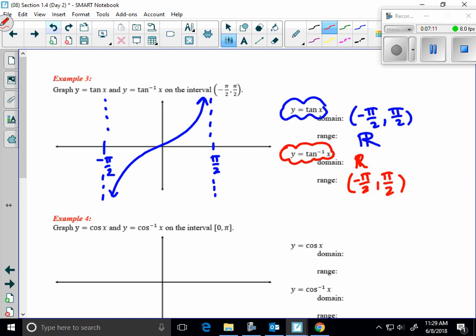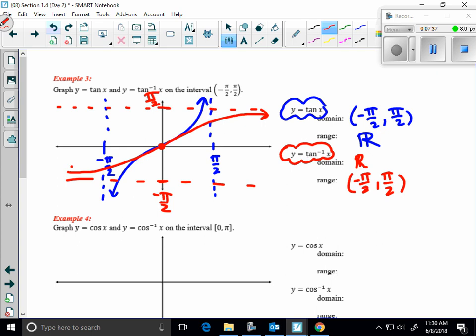We had vertical asymptotes at pi over 2 and negative pi over 2. Now we're going to have horizontal asymptotes at pi over 2 and negative pi over 2. We're going to have some symmetry here. It's going to be kind of funky, but here we go. Let's try it.